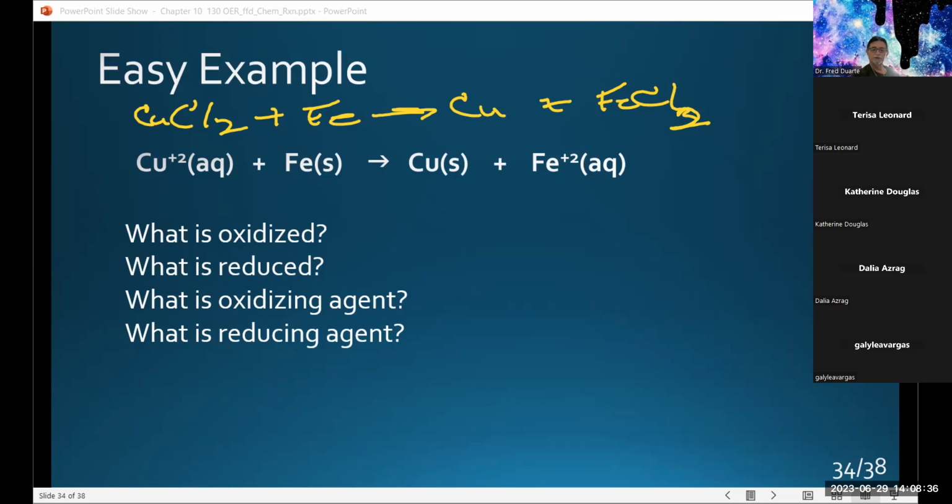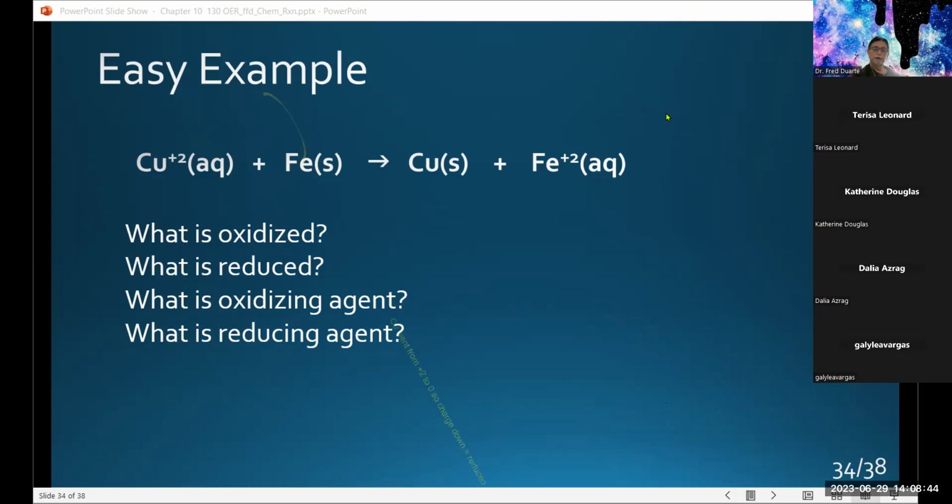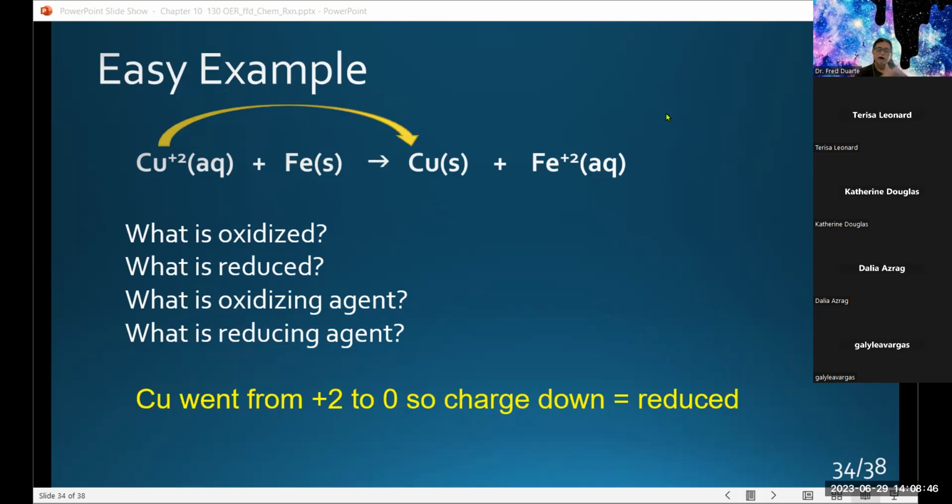In this particular example, we see that copper went from a +2 oxidation state to a 0, and so its charge went down. Think about it: how do I get a +2 to equal 0?